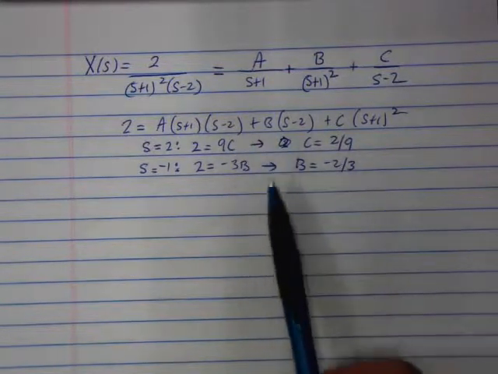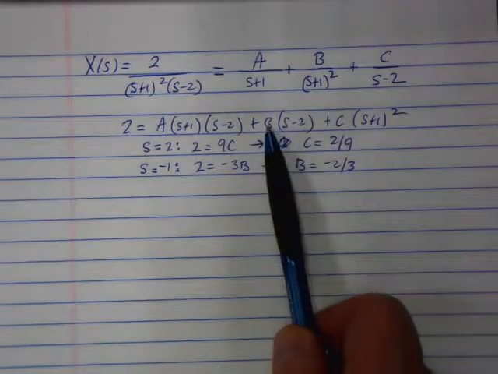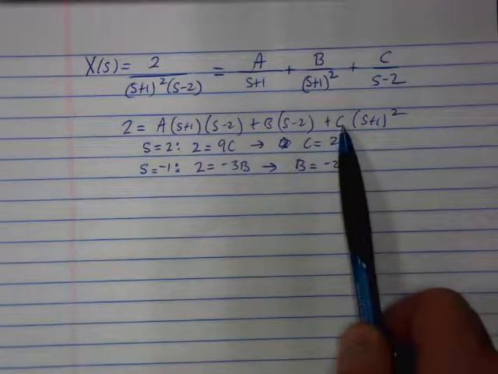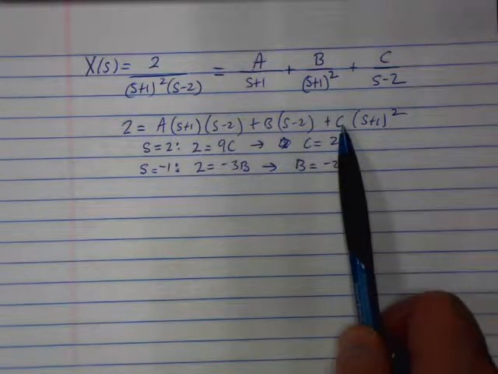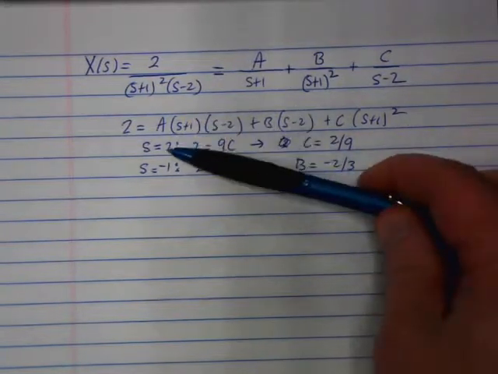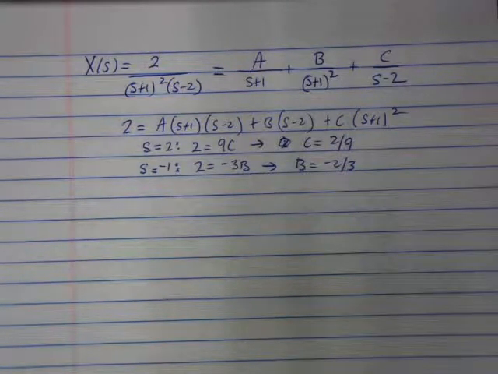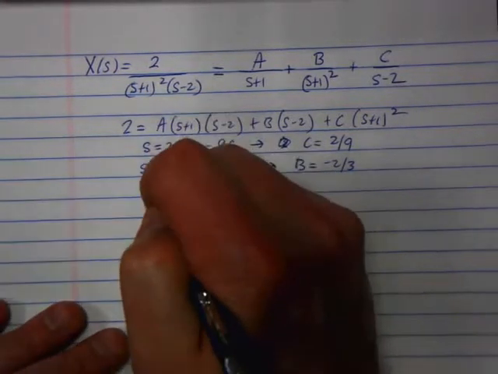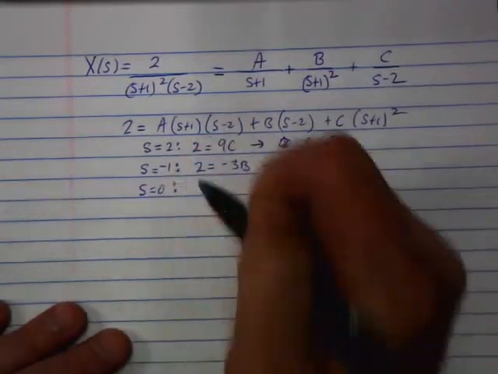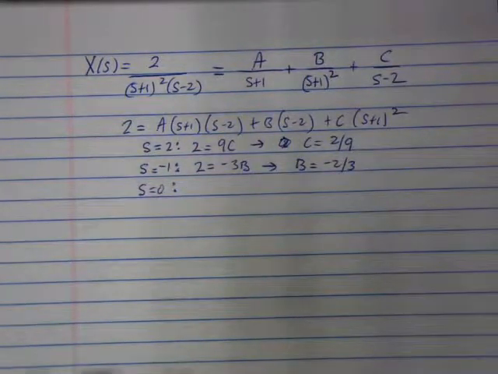I'm going to plug in my number for B, I'm going to plug in my number for C, and I'm going to pick another nice number that I like for S. The only rule is I can't use 2, I can't use negative 1. 0 would be the number I would pick. 1 would work just as well, but I like 0 better. It's easier to plug in 0. S equals 0. So when I plug in S equals 0, I get 2 equals.